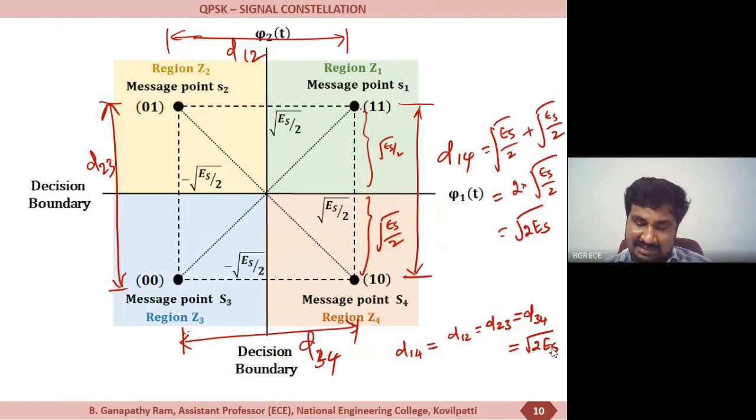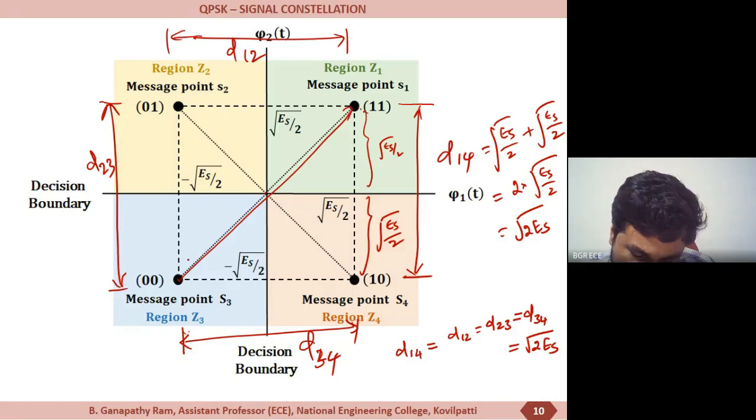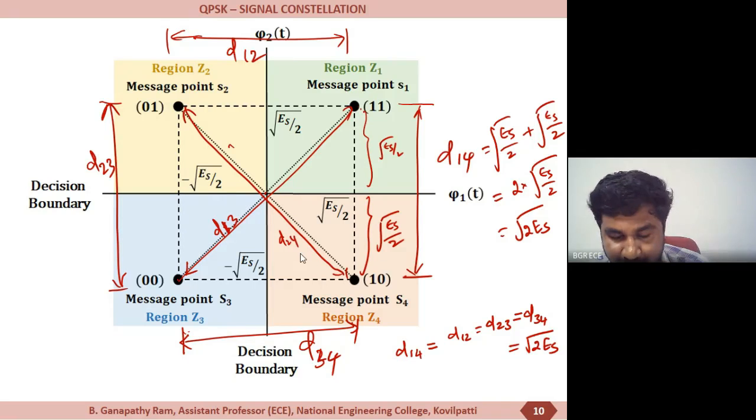And the longer distance is the hypotenuse, which represents the Euclidean distance between S1 and S3, and S2 and S4, that is D24.